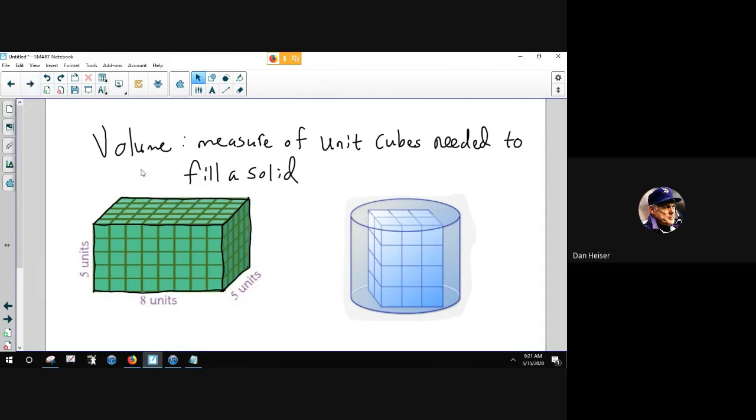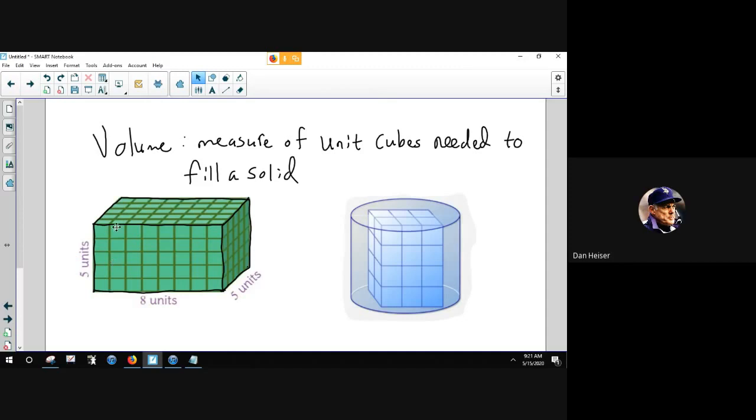Looking at this example, we get a sense of what volume is as a calculation. If we count 8 cubes this way, we know we're 5 cubes deep that way. This bottom layer has 40 cubes.